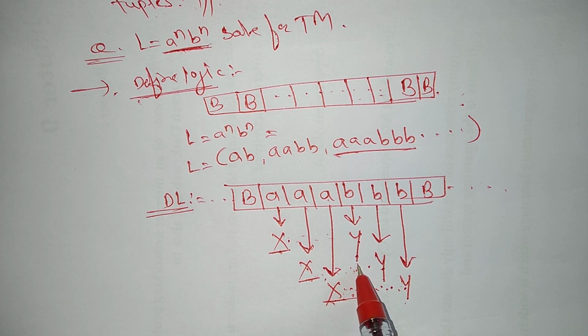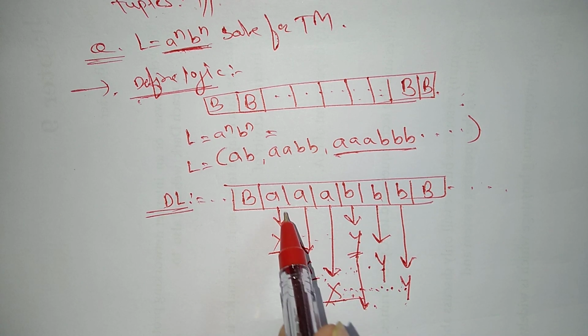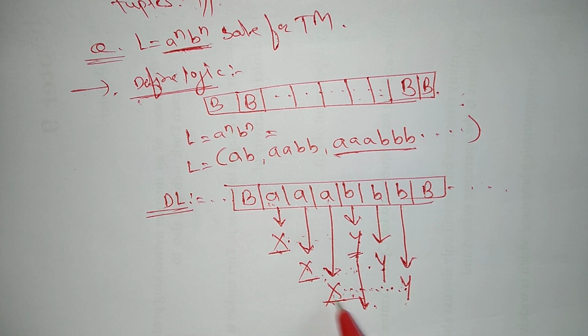Now in this case, what are we seeing? We are seeing Y. Till now we have been replacing a with x, a with x, a with x. Now what are we going to read? We are going to read Y. As soon as Y comes, I stop here and go to the next state.